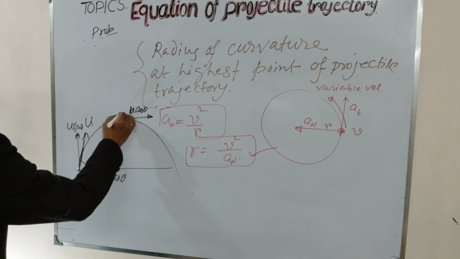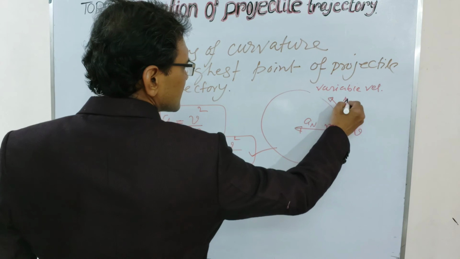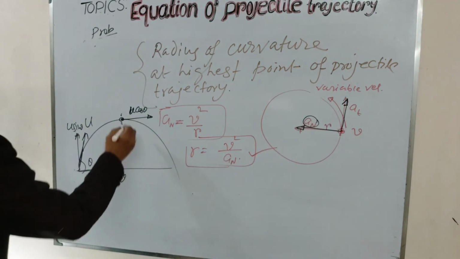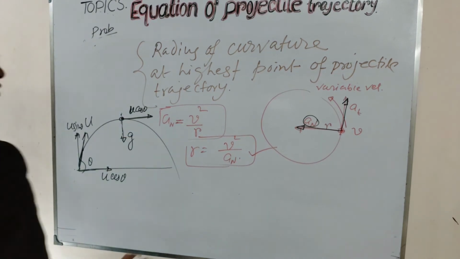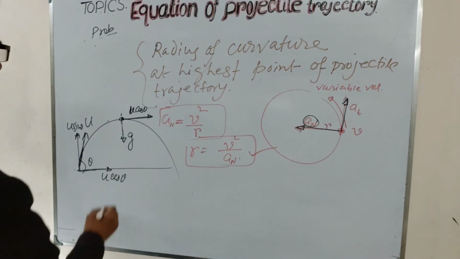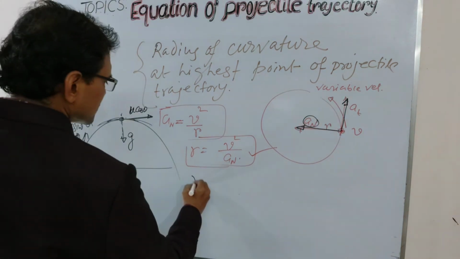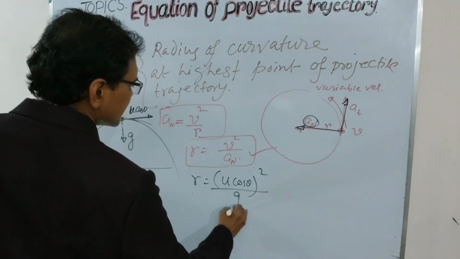Now what is the acceleration? We have to take the normal acceleration. Here velocity is in this direction and acceleration is in this direction, only g. So we get the radius of curvature at the highest point equal to u cos theta whole square by g.